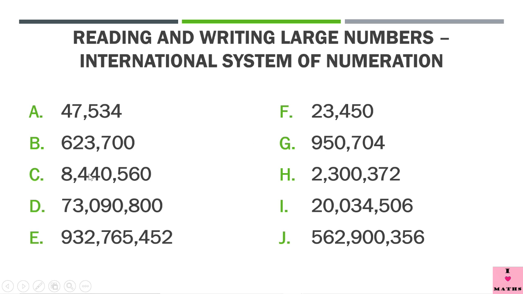Okay, let's move to slightly bigger numbers. This is ones period. These three digits are in thousands period and this digit is in millions period. These two commas show us that one period has got over and the other one has started.